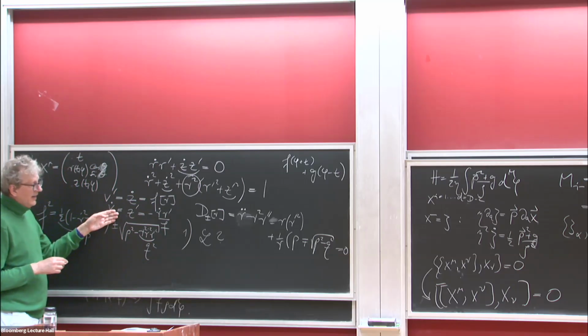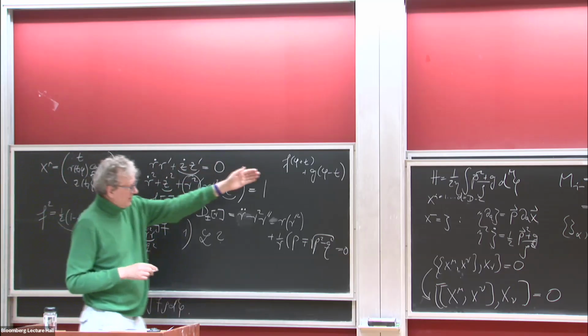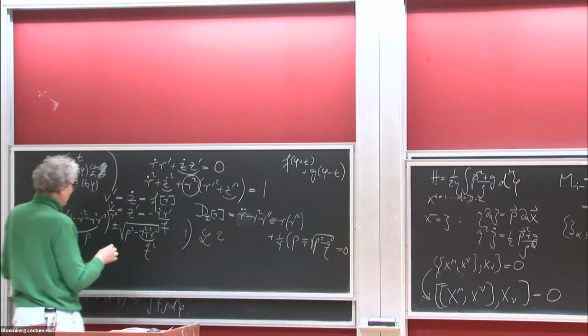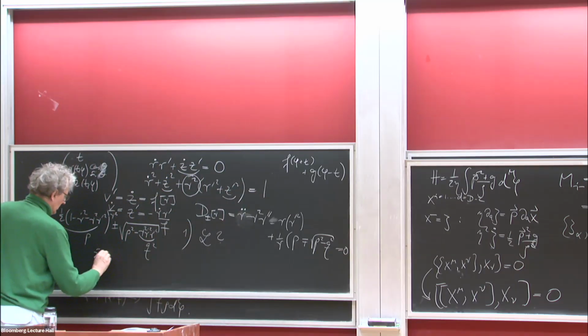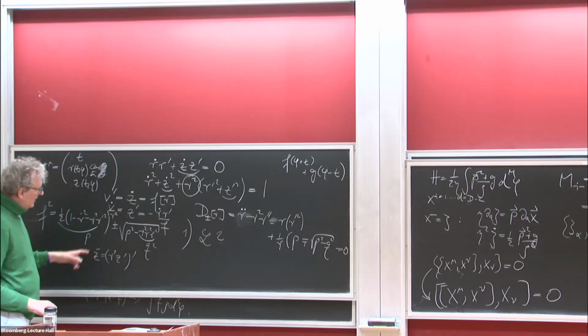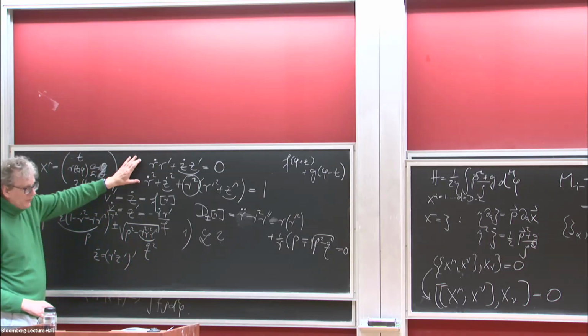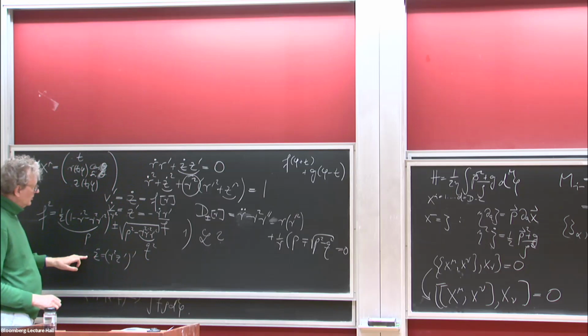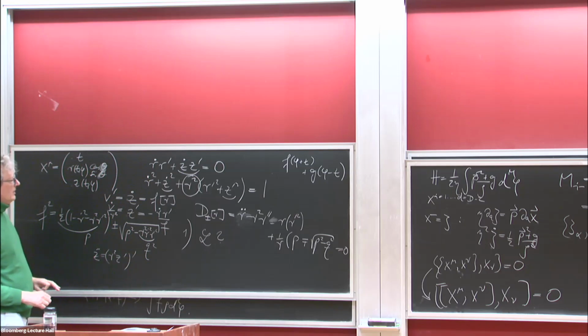So if this factor was not there, it would imply the wave equation. This way it implies that R double dot is R squared, that prime. That's the second order equation that follows from this. So that's the equation of motion.